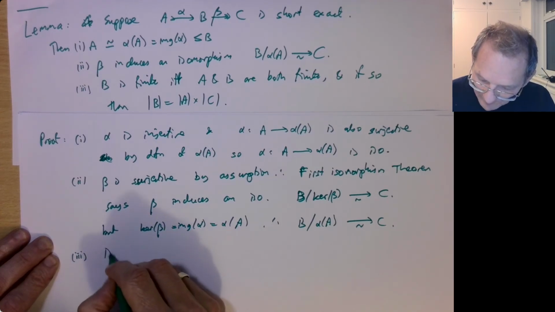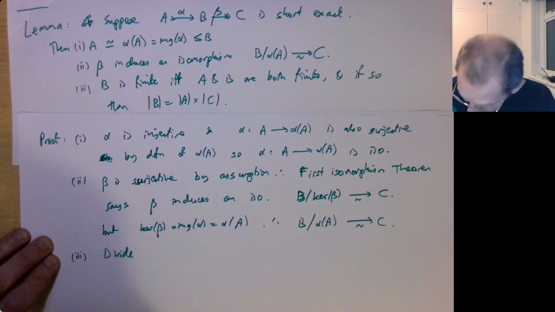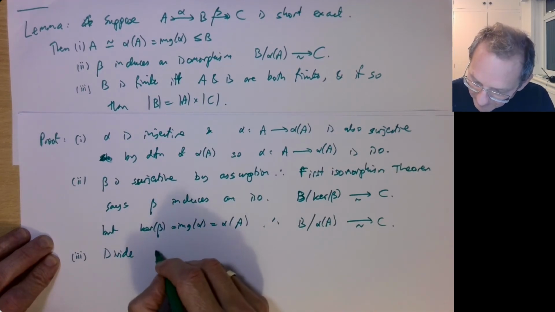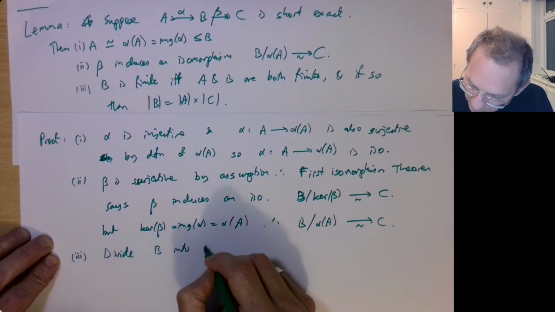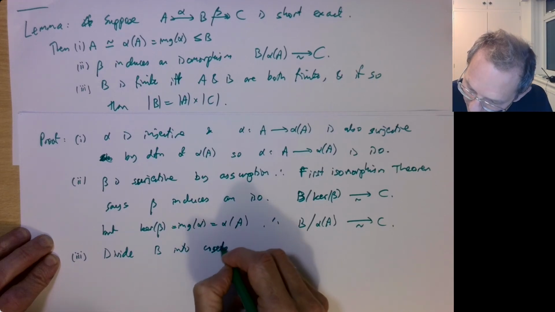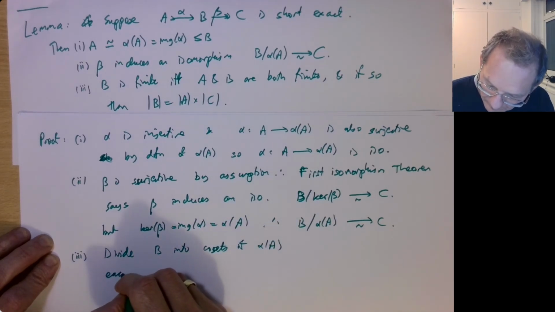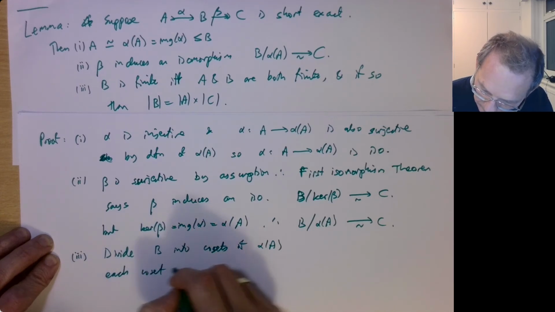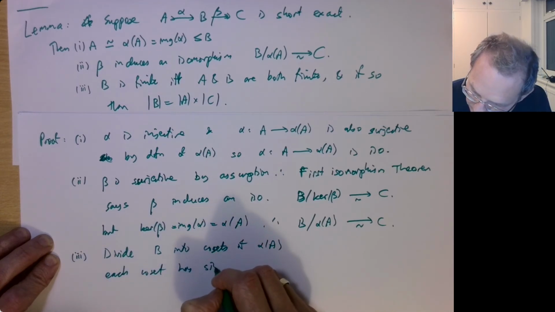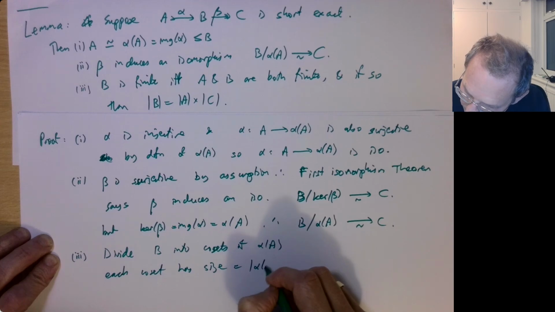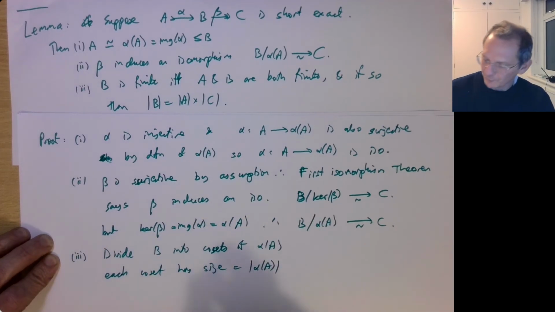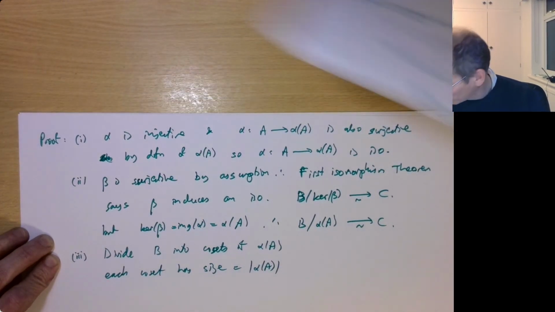And thirdly, we now divide B into cosets of alpha A. The size of each coset, of course, is just the same as the size of the group you're thinking about.